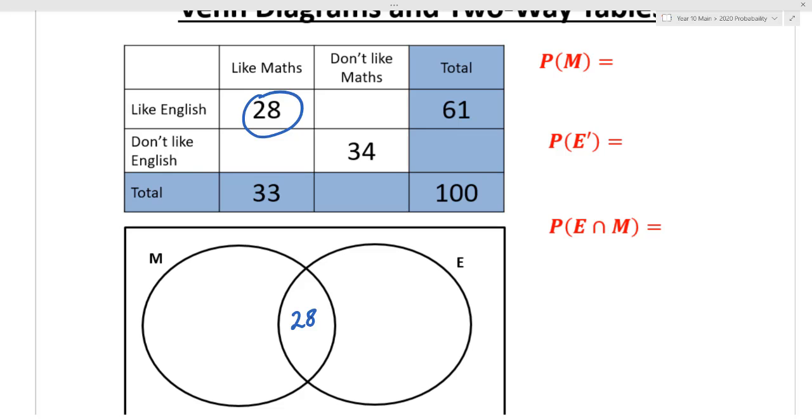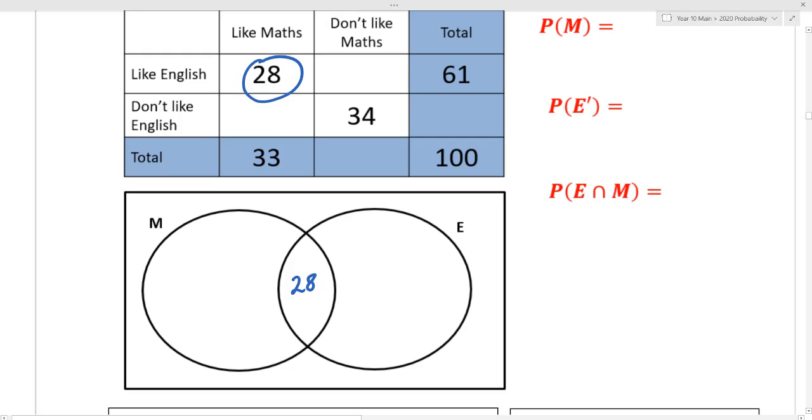Now, if you like English and like maths, if I call M for maths and E for English, how would we write this in terms of intersections? Well, we would say that's M intersection E. Does that make sense?